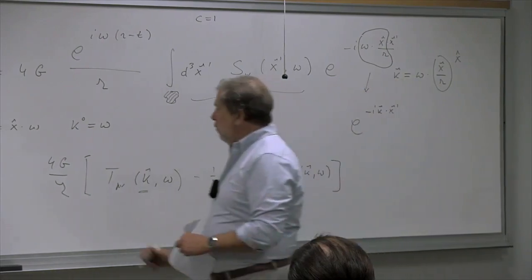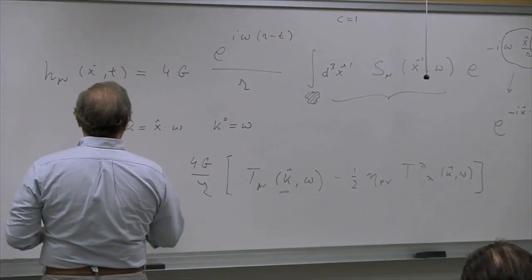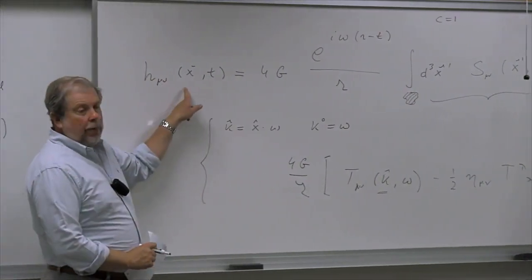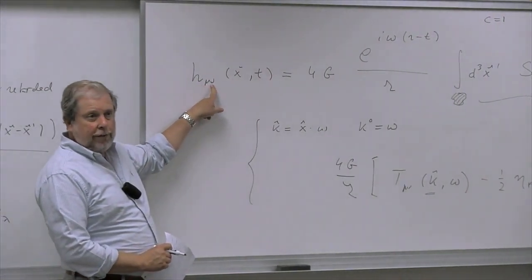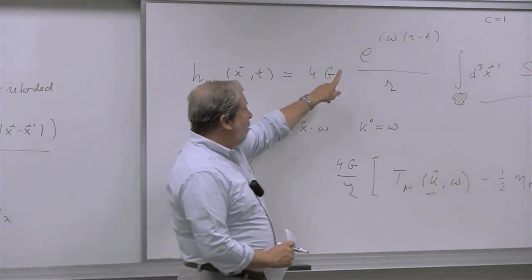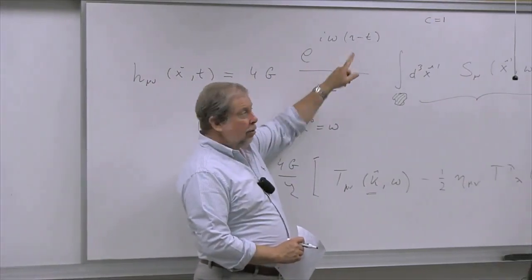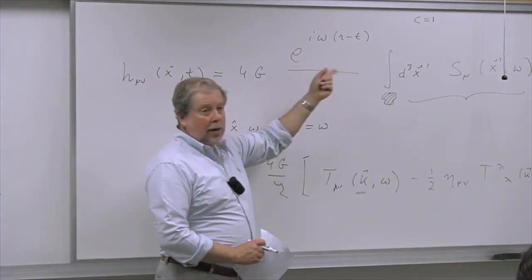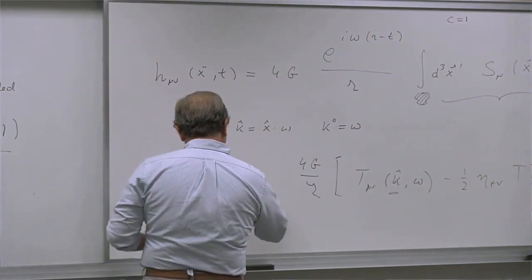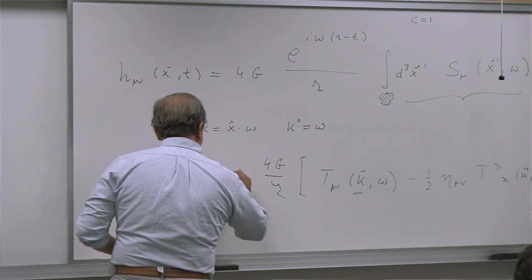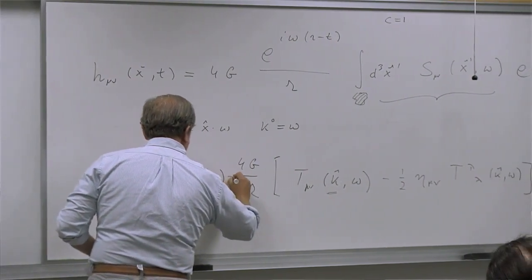So all of this thing, we're going to call it what? Well, it's obvious what we want to call it, because this is an h mu nu here. It's the gravitational field, and we have a plane wave in front, which is e to the I omega r. It's actually a retarded plane wave. And so it is very natural to write this as just e mu nu of k and omega.